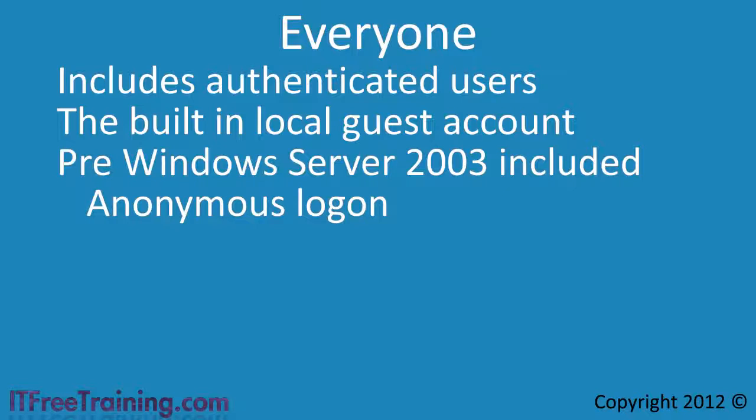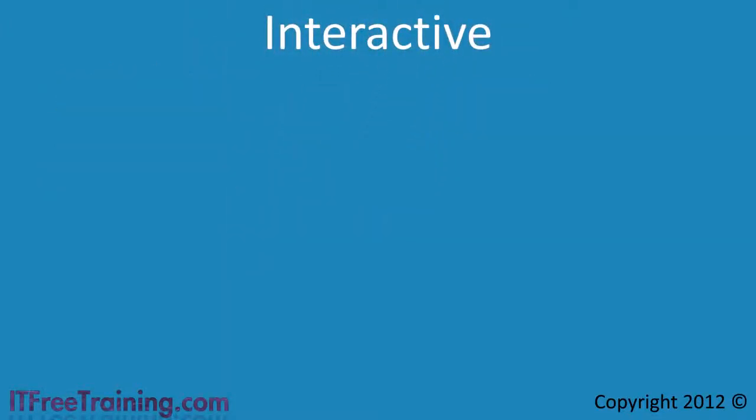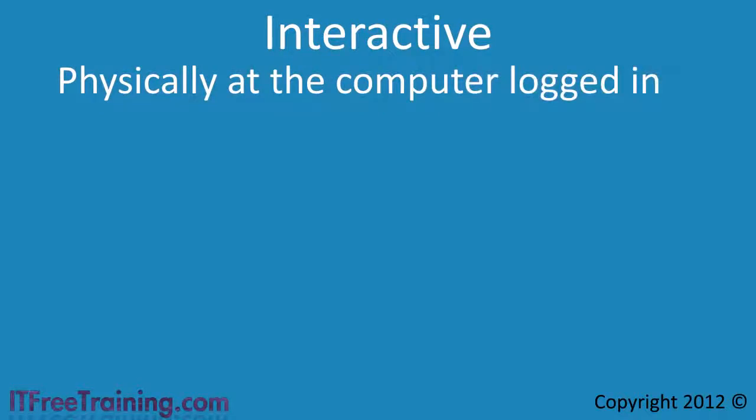So far, the special identities that I have looked at have all worked off the way the user was authenticated. The next one that I will look at is Interactive. Interactive is when the user is physically in front of the computer and logged in using any user account that allows them to log into the computer. It does not matter which domain it came from or which rights it has.